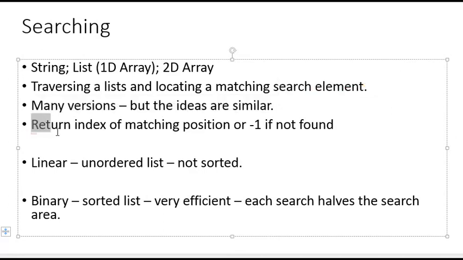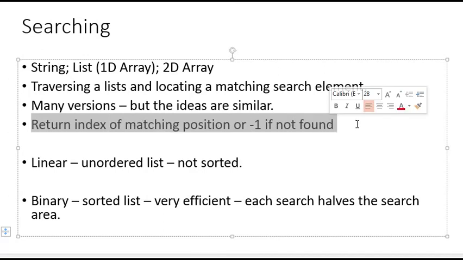For our example, the ones that I'm discussing, I'm going to assume that we're going to return the index, that is the position of where the matching item has been found, and I'm going to assume I'm going to return the first one that I have found, and then the algorithm is going to stop.